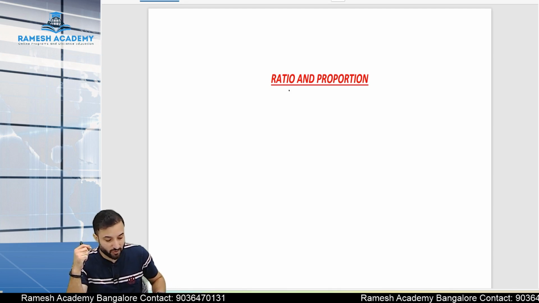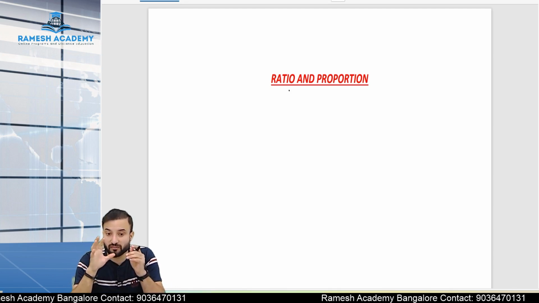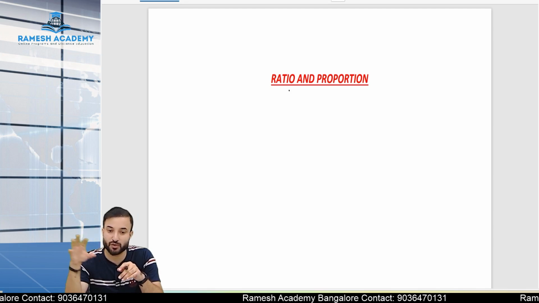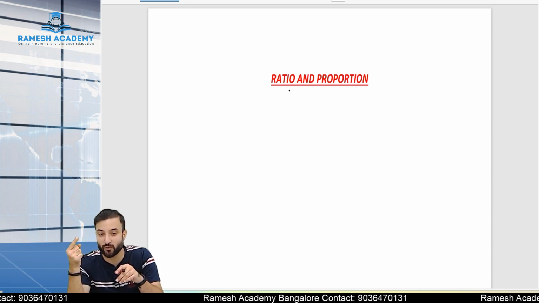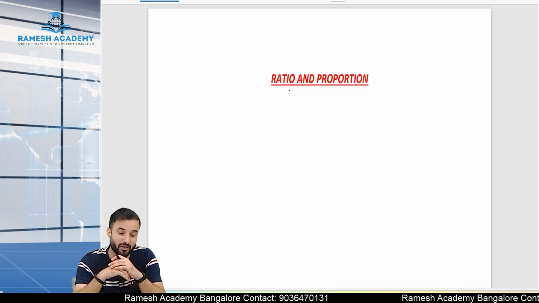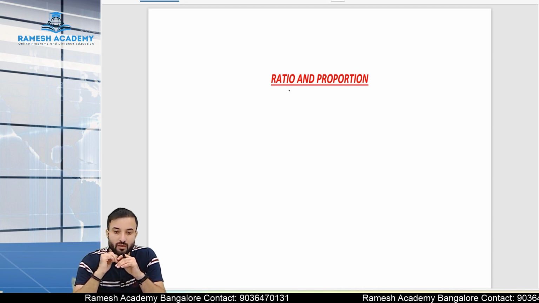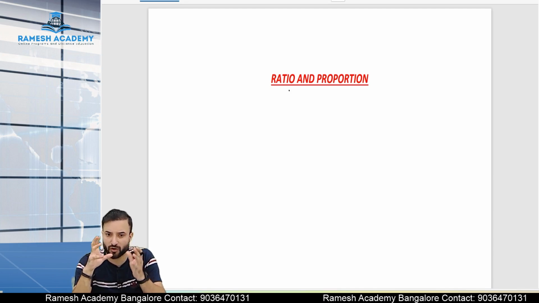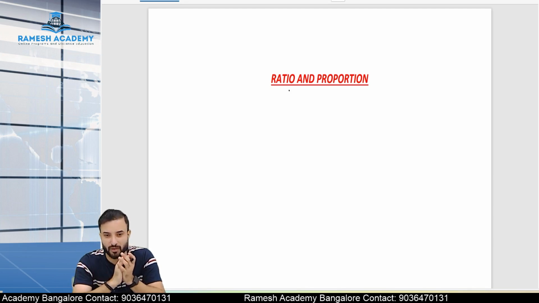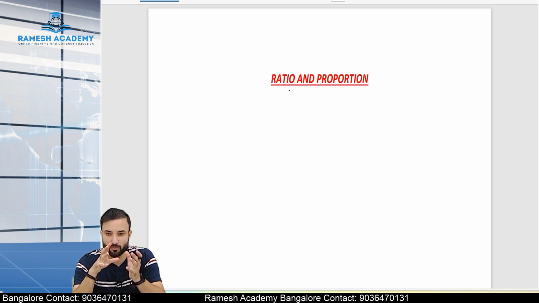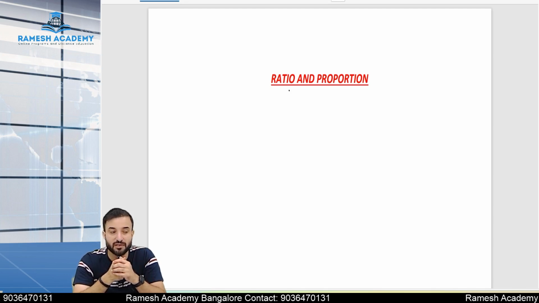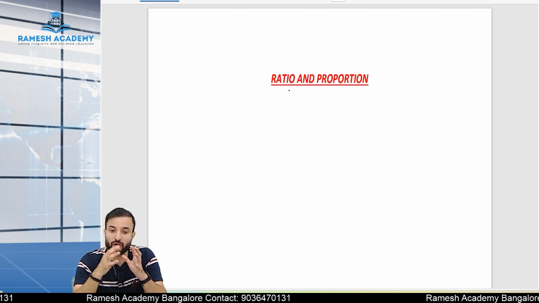In today's video we are going to learn about the concept, the formulas and the tricks of ratio and proportion. In the next video we will start with the problems of ratio and proportion, and as I said in the first video, based upon the weightage, here in ratio and proportion we will solve almost 40 to 50 sums.